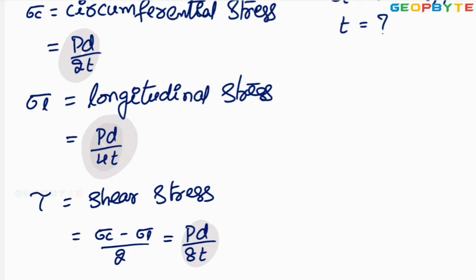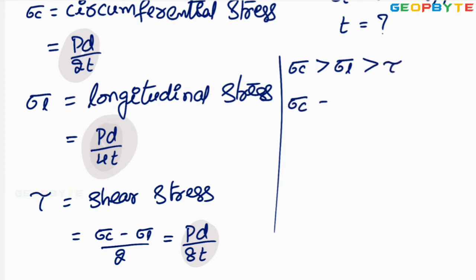Among all these stresses, the circumferential stress sigma c is greater than the longitudinal stress, which is greater than shear stress. Circumferential stress equal to 2 times the longitudinal stress. Longitudinal stress equal to 2 times the shear stress.